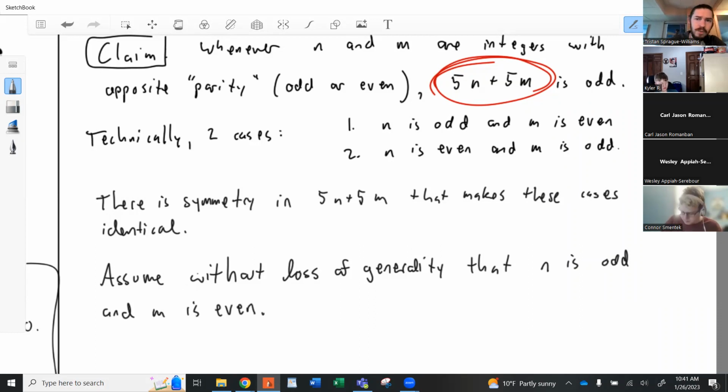So this phrase, without loss of generality, is used usually when you have some kind of symmetry such that there are multiple cases, but they are the same. Right? There's multiple cases, but they are effectively identical.